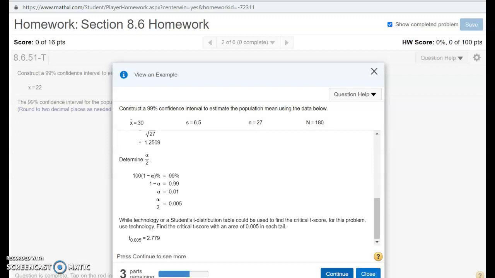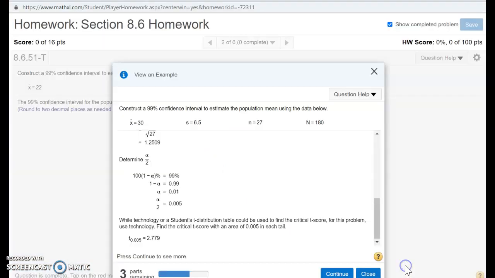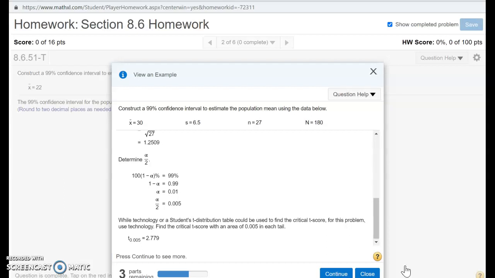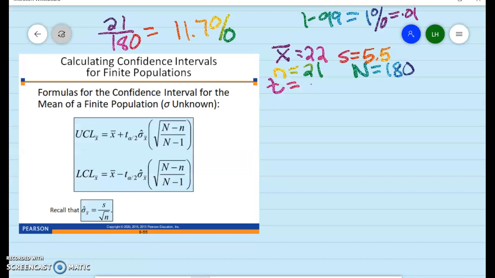We're going to continue to round our critical value to 3 decimal places. So for this problem, t is 2.845. All right, so we have t.